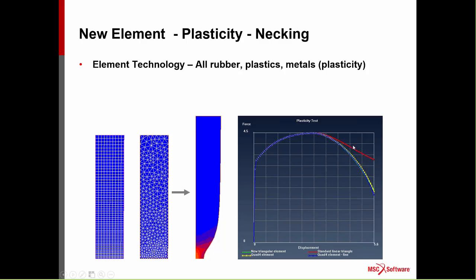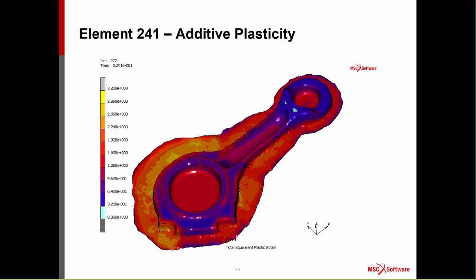This, of course, is the standard linear triangle, which hopefully people haven't been using. But with this new element, we really get exactly the same result as we do with a fine mesh of quadrilateral elements, and we capture the necking of the model. Now, you don't get anything for nothing. Because the element has this great shear behavior, you can model very thin regions.